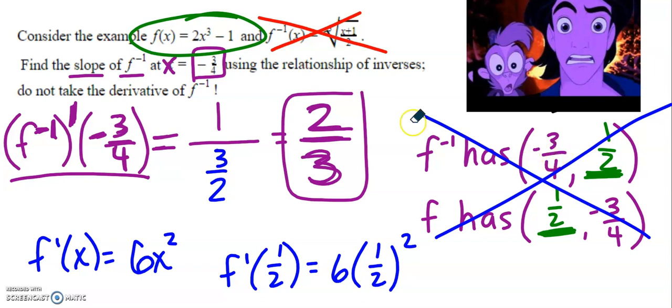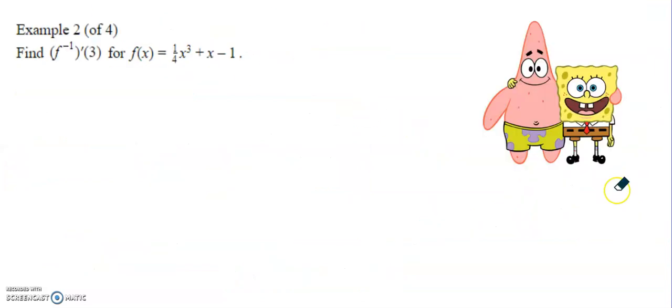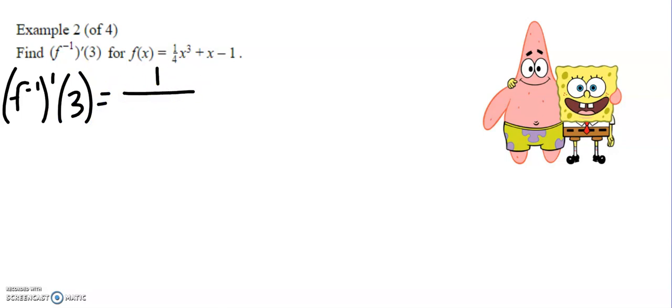Whoa. That's a lot of switching around. Want to do another one? Okay, great. Here's SpongeBob and Patrick, two best buddies. Find f inverse prime of 3 for f of x equals that cubic function. Okay, fine. No problem. F inverse prime at 3 is going to be equal to 1 over f prime at a mystery.